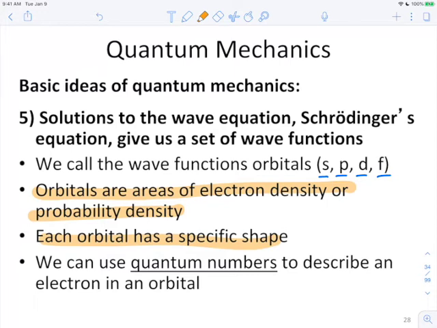And I mentioned quantum numbers before. We are going to use quantum numbers to describe the electron in the orbital. Think of those quantum numbers as coordinates on a grid. That will help us identify, I shouldn't say exactly, it helps us to identify the range of an area where that electron will be found.